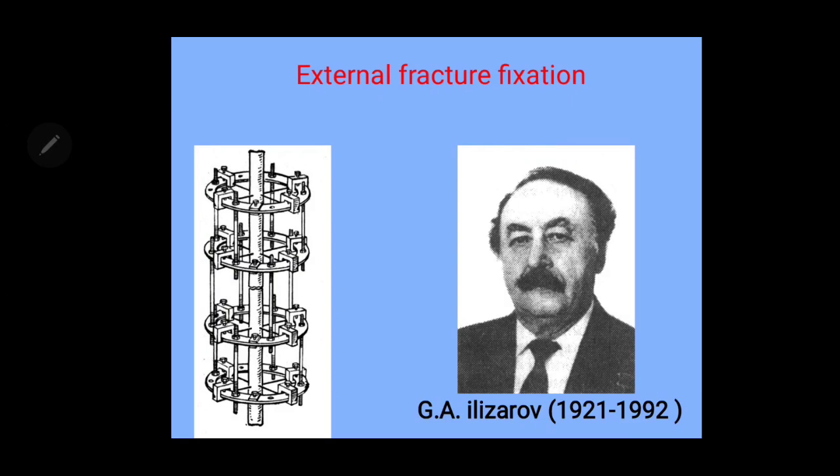It is very useful if we have non-unions, so we can compress and distract, and that will stimulate fracture healing. As well, if we have osteomyelitis or defects of bones, we can first perform compression, and then make a distraction and grow a new piece of bone by means of this method.